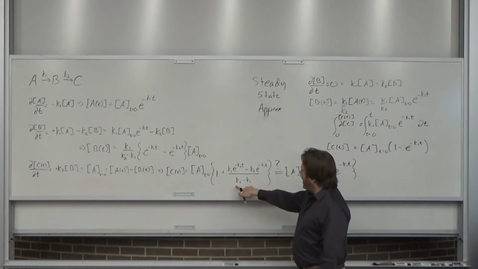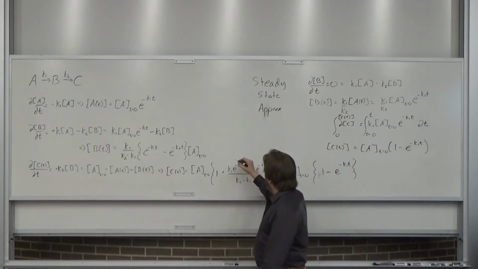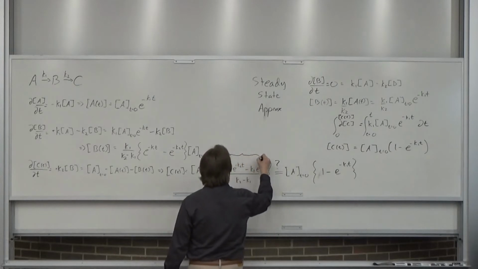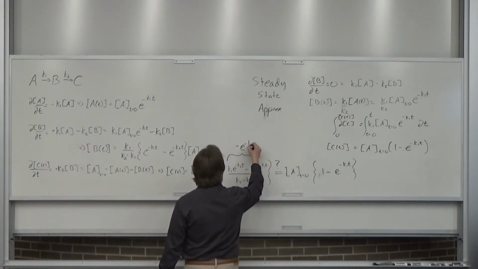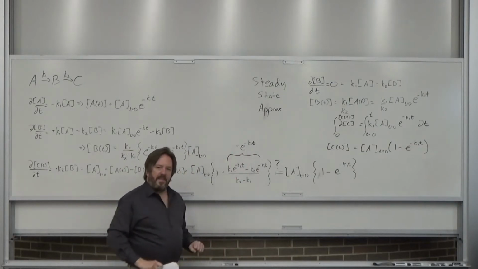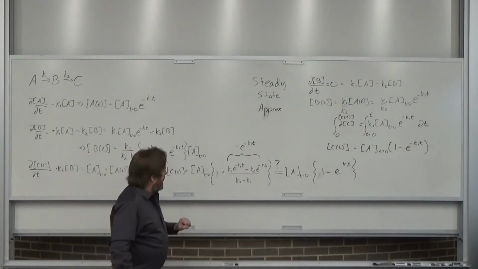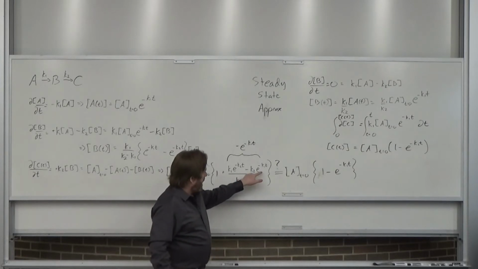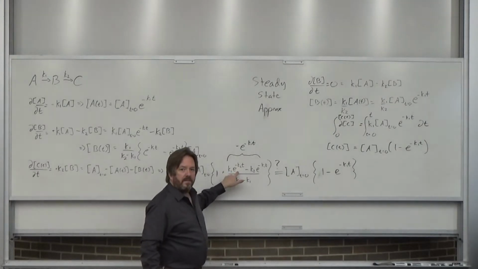So how would this term turn into just minus e to the minus k1t? What would cause this to turn into that? Now I can see here I've got minus k2t. That has to die off, right?